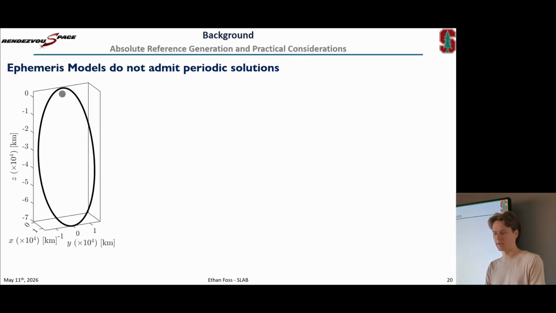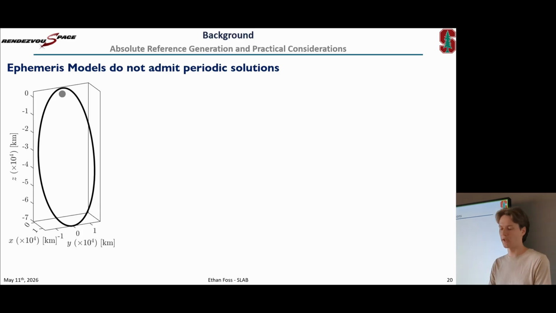So with this in mind, let's outline some of the challenges involved in demonstrating distributed space missions in an ephemeris setting, which is what a spacecraft would ultimately fly in. A key thing to note here is that ephemeris models do not admit periodic solutions.